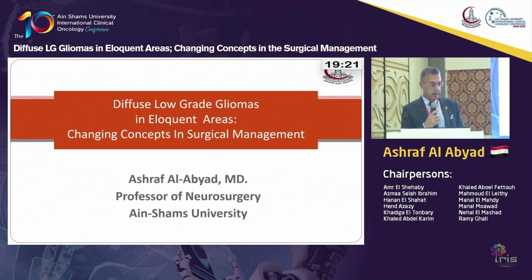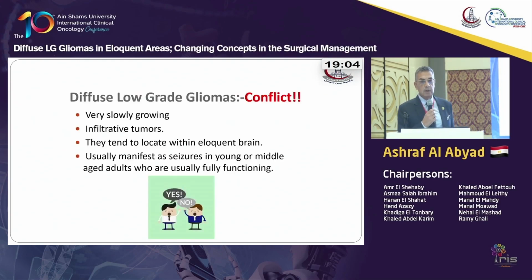Actually, there have been changing concepts in the management of these lesions, either in the surgical indications or the surgical techniques. As we all know, diffuse low-grade gliomas are very slowly growing infiltrating tumors.